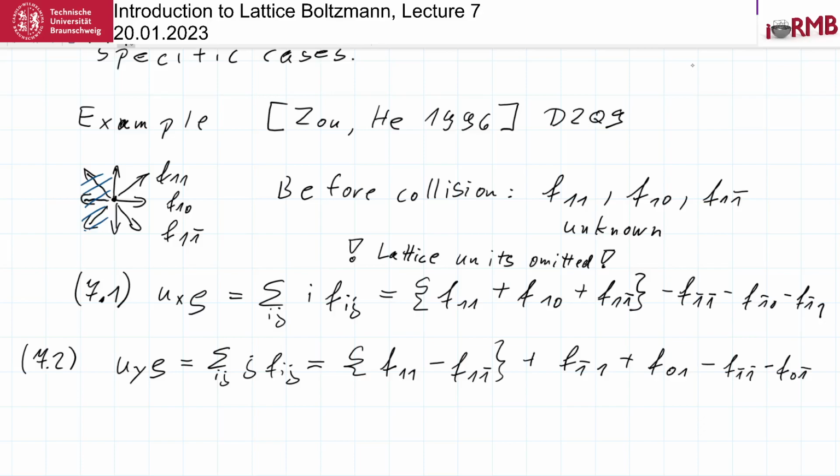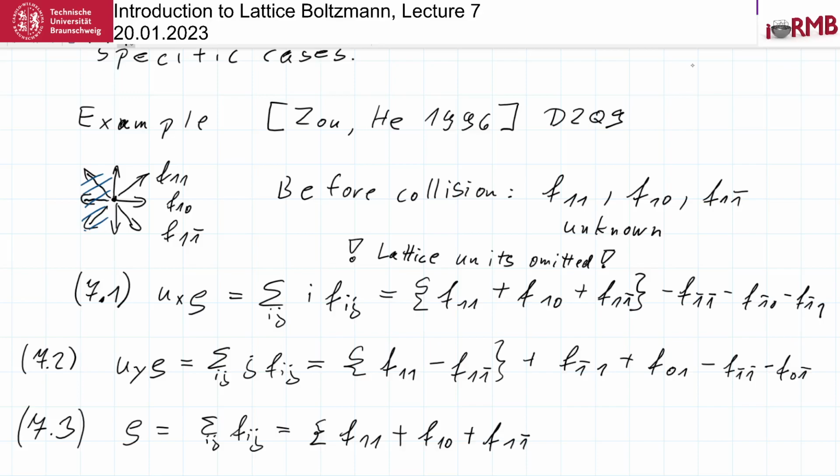And then 7.3, we also have to specify our density, which is, of course, proportional to our pressure, the sum over Fij. So this is just the sum over all the distributions. And this means here we have F11 plus F10 plus F1 minus 1, and all the other ones, oh god, F minus 1 plus F minus 10 plus F minus 1.